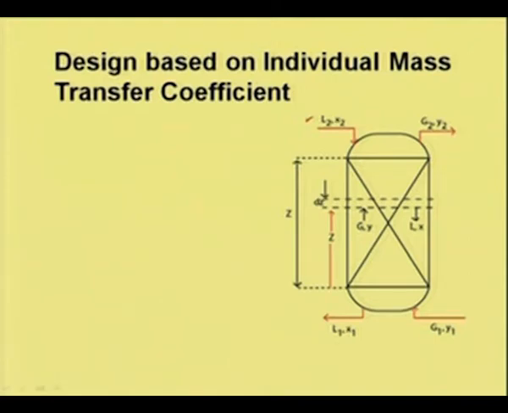So, this is counter current operation in the packed column and G dash and L dash are based on unit cross sectional area of the tower.